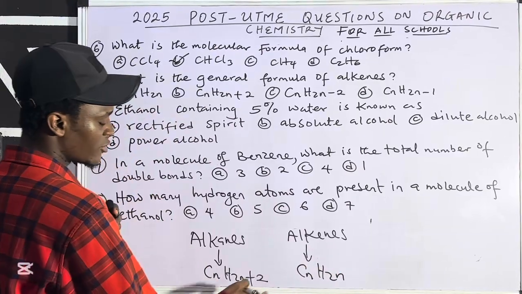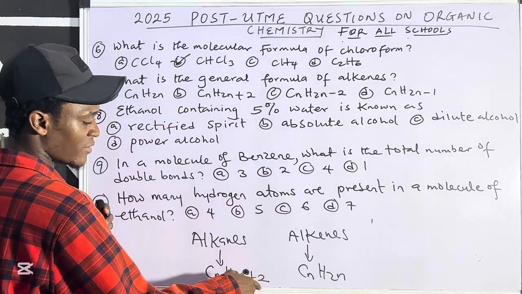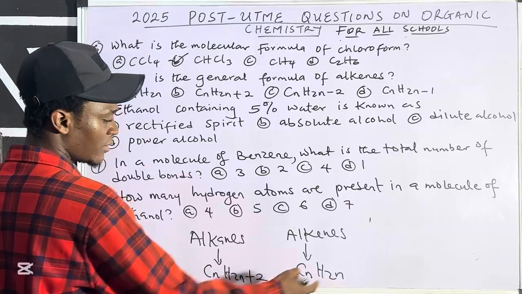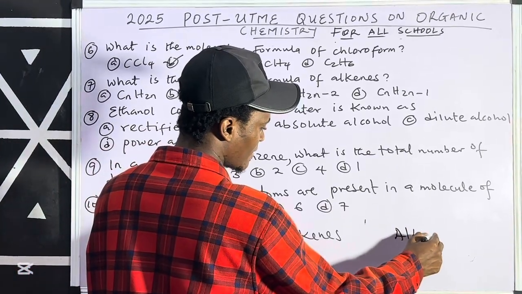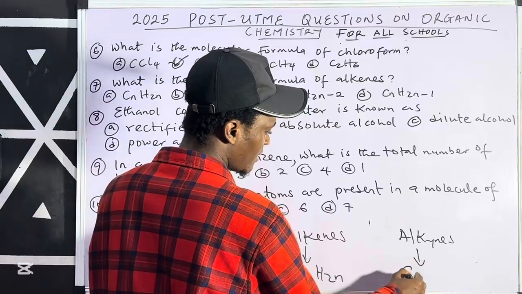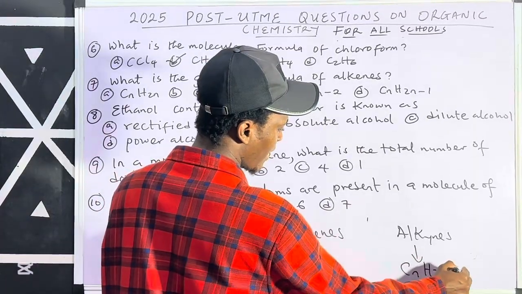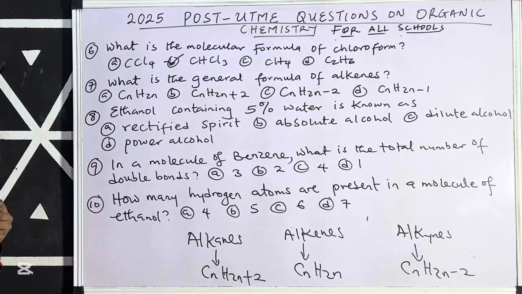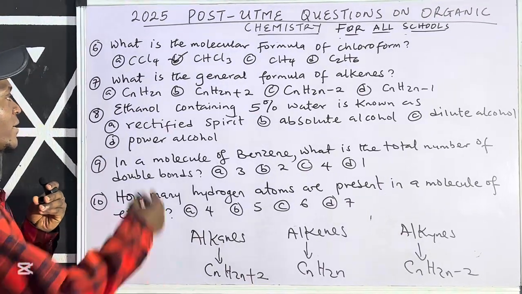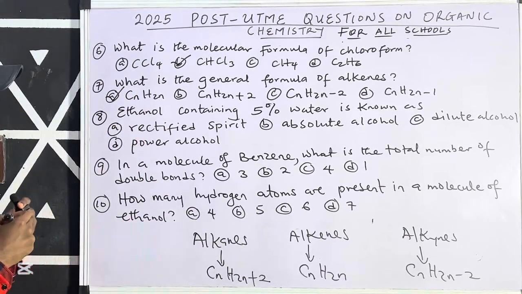What do you observe? Just remove 2 atoms of hydrogen and you obtain that. Then for alkynes, the general formula is CnH2n minus 2. So what's the general formula of the alkenes? It's obviously CnH2n, which is option A.